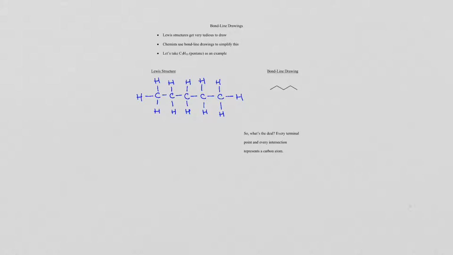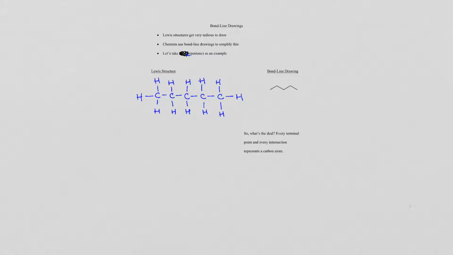So it took me however many seconds just to draw pentane. And this is just 5 carbon atoms, and I should say this is C5H12, not 10. So yeah, make that change, you guys.